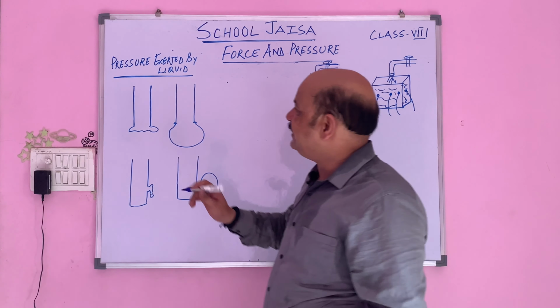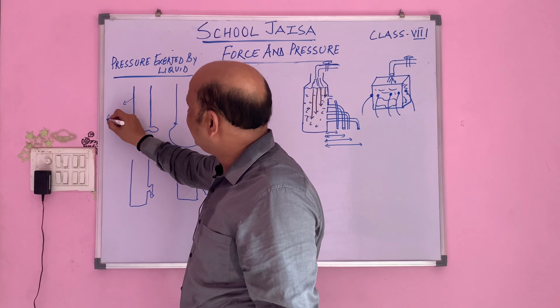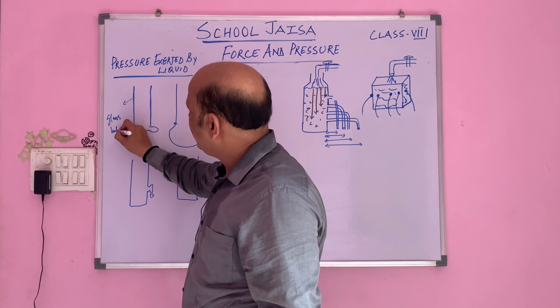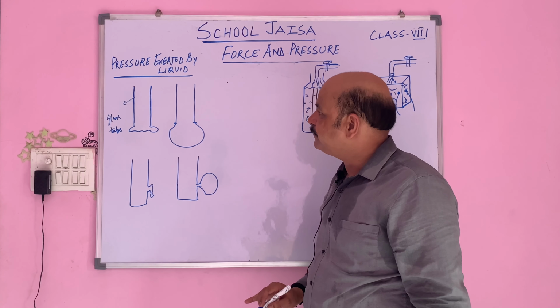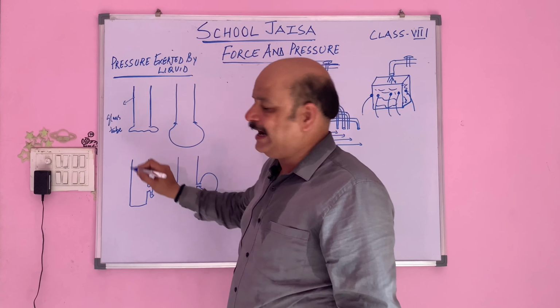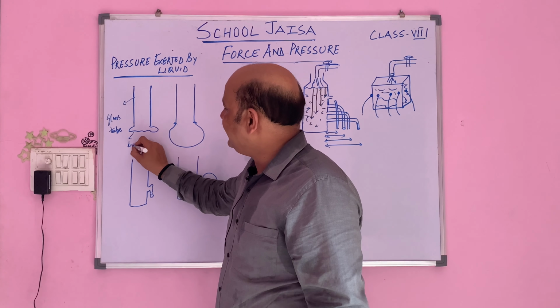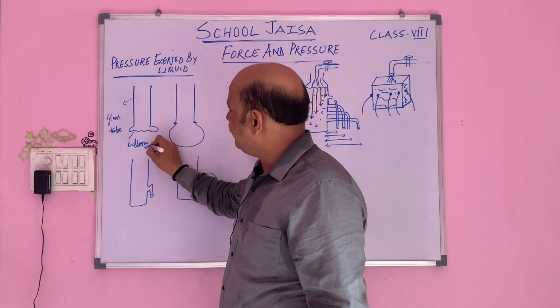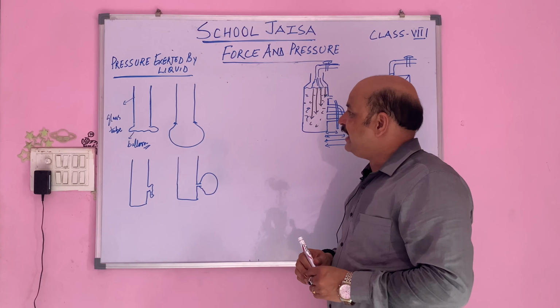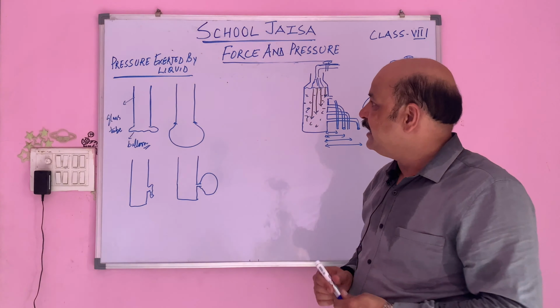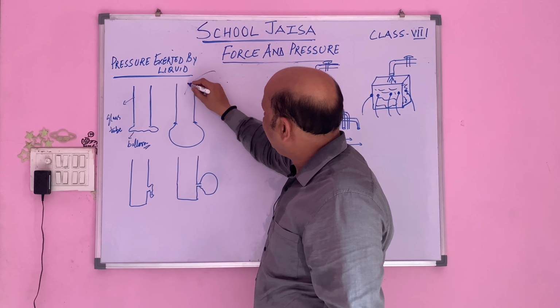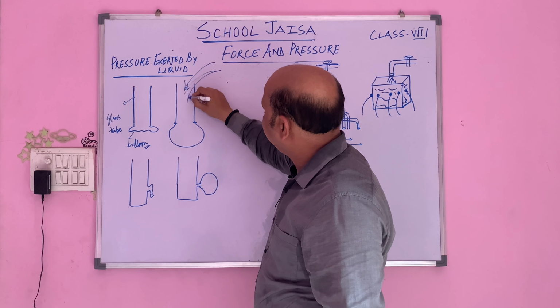So here what I did, I have taken a glass tube, the first glass tube, which was open from both the ends, and I tied a balloon at the base, on the lower end, and then I started pouring water into it.